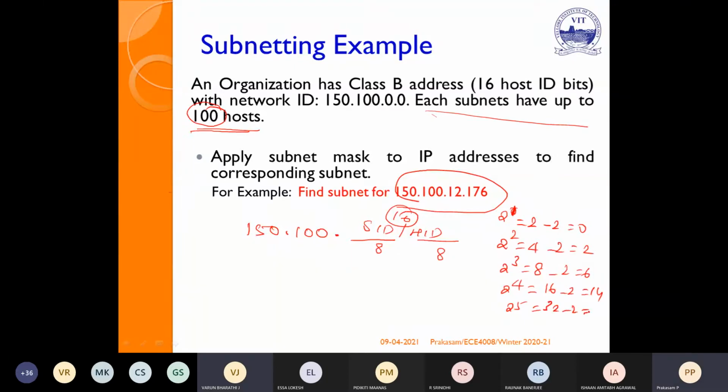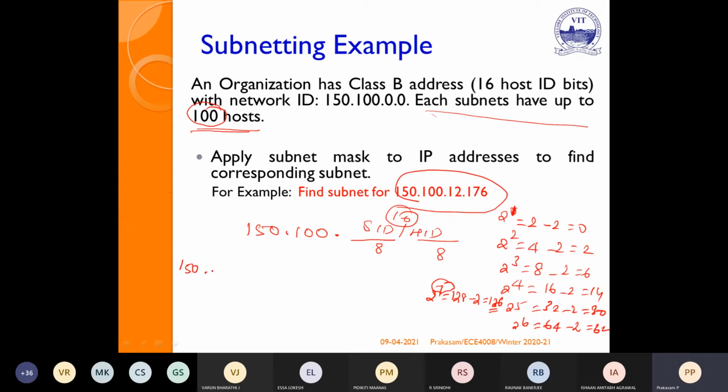Yeah, sir, 32 minus 2, 30. 2 power 6, 64 minus 2, 62. 2 power 7, 128 minus 2, 126. So if I allocate 7 bits for the host, I can provide 126 hosts, and here we need 100. If I allocate 6, I can only provide service to 62. So out of these 16, I am allocating 7 bits for the host.